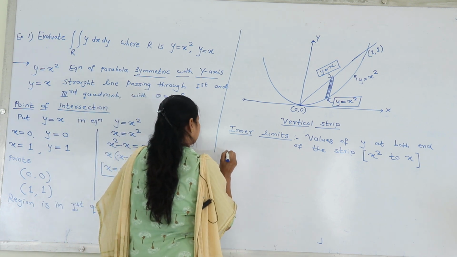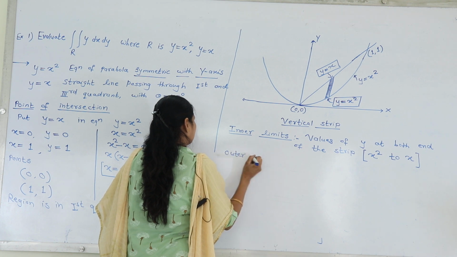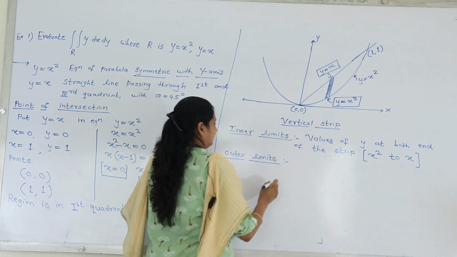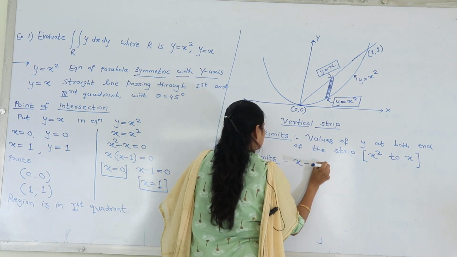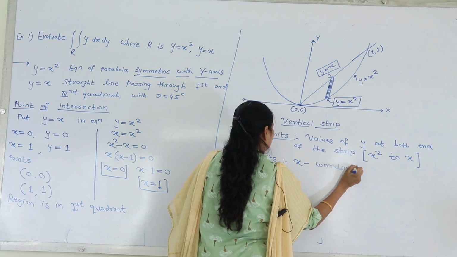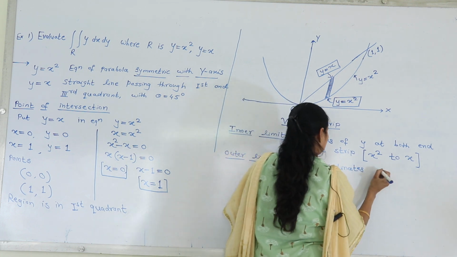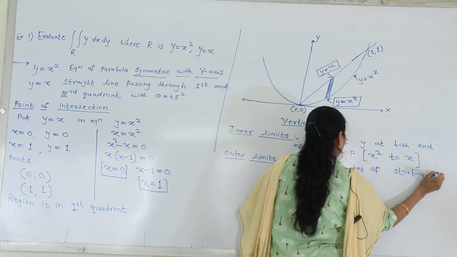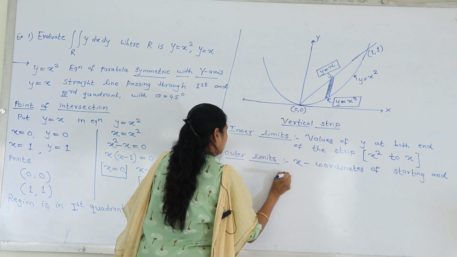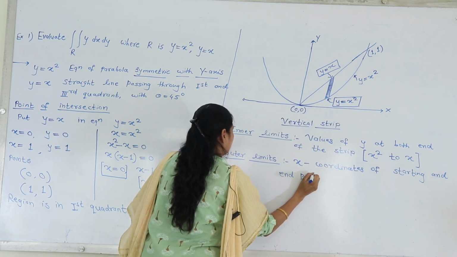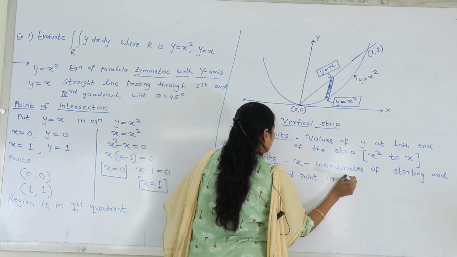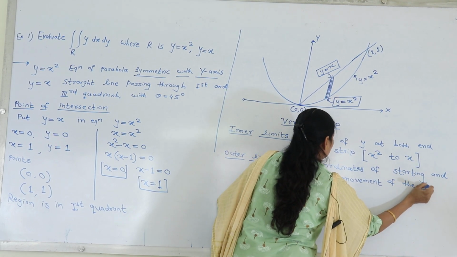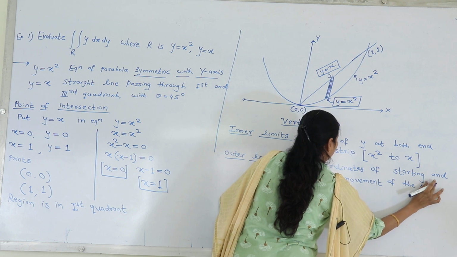Then the outer limits. Outer limits means the x coordinates of the starting and end point in the movement of the strip.